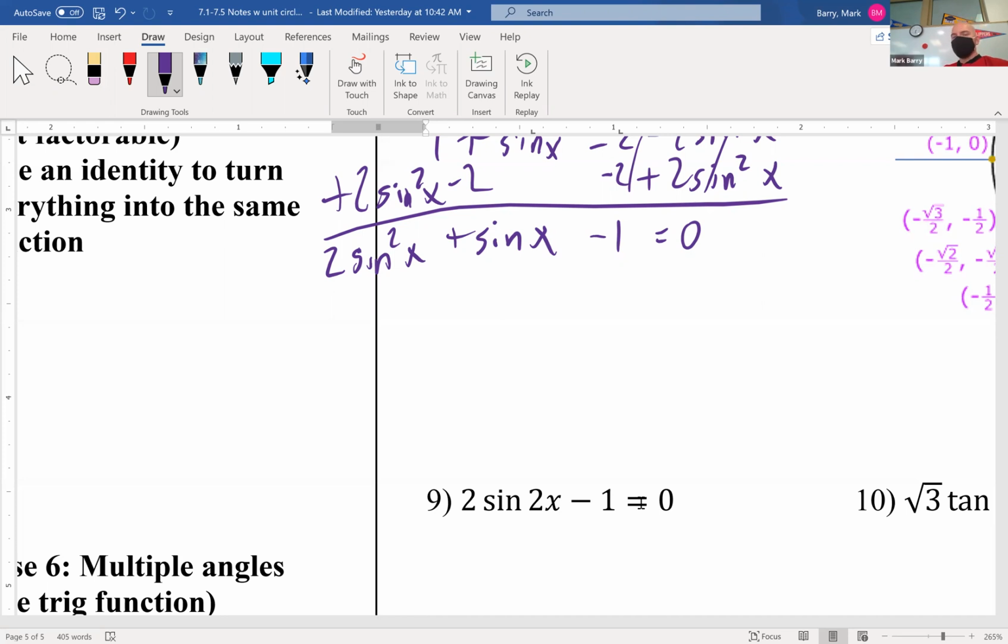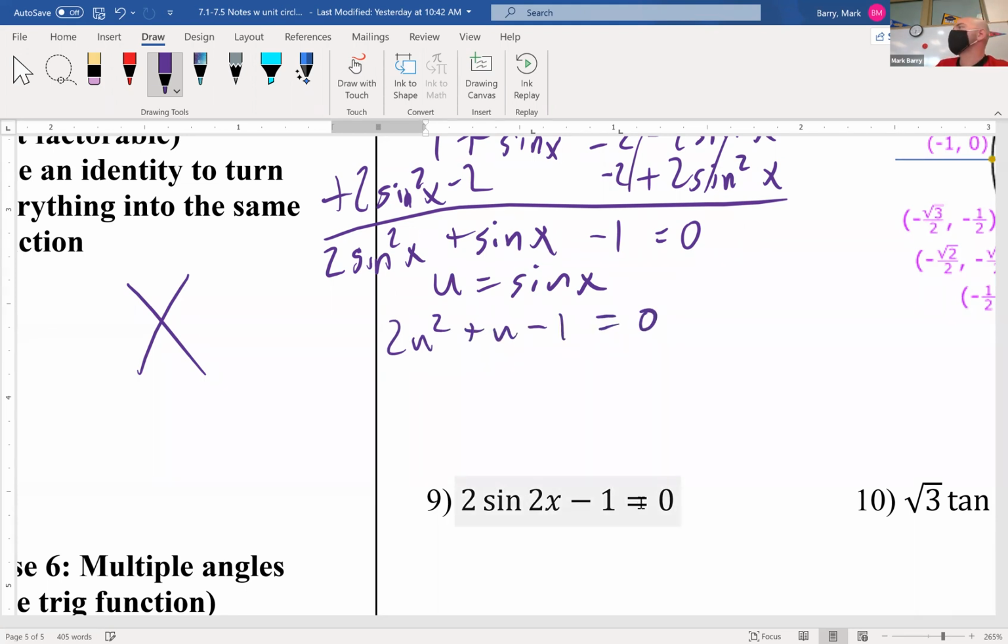All right, so now we're going to do our x factoring, but before we do, I'm going to go ahead and use the u substitution again to make it a little bit easier. We'll let u equal sine x. All right, a times c is -2 and b is 1.